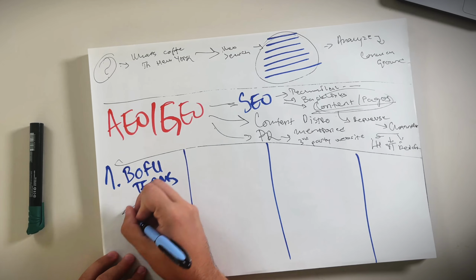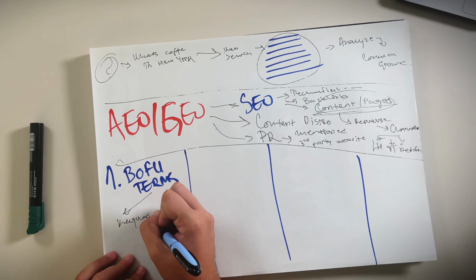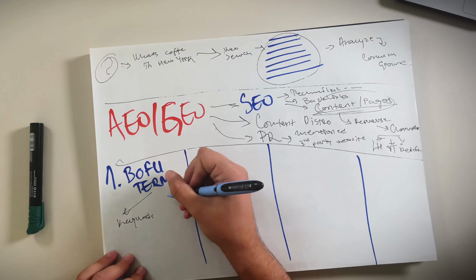So these would be bottom of the funnel keywords and bottom of the funnel prompts that your customers are searching across Google, ChatGPT, or other AI models before they are ready to take out their credit card and buy. So what these are, you need to identify yourself. In the example of a coffee shop in New York, a keyword can be coffee shop New York or best coffee in New York.